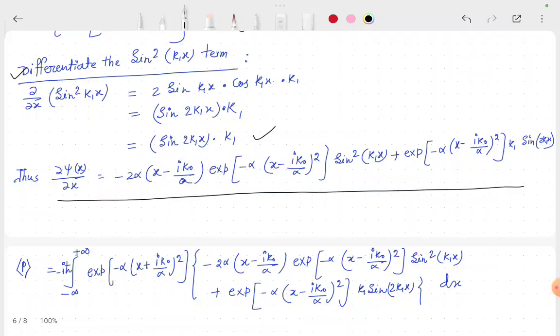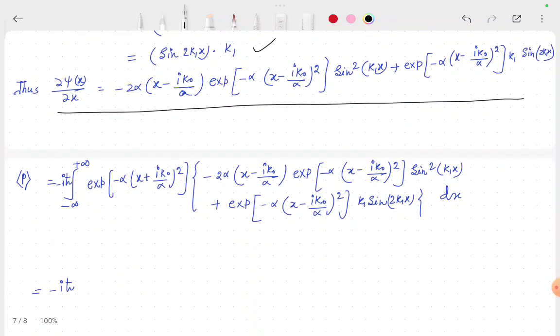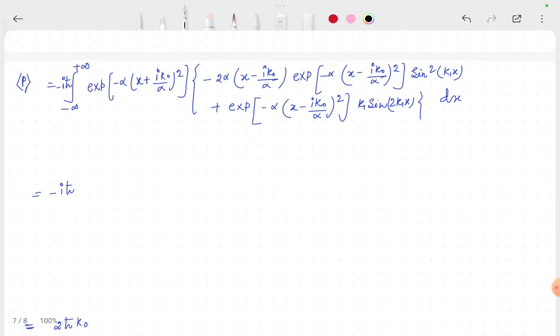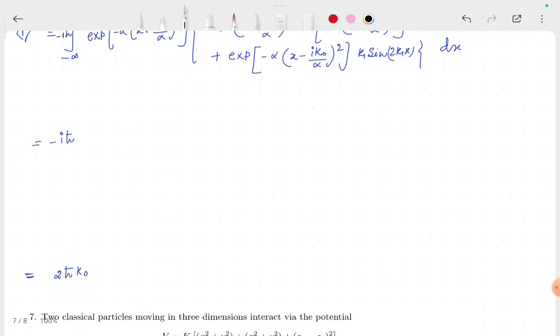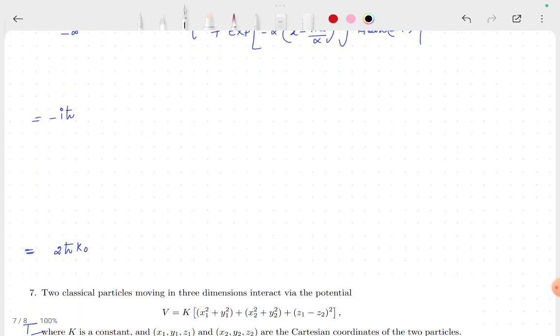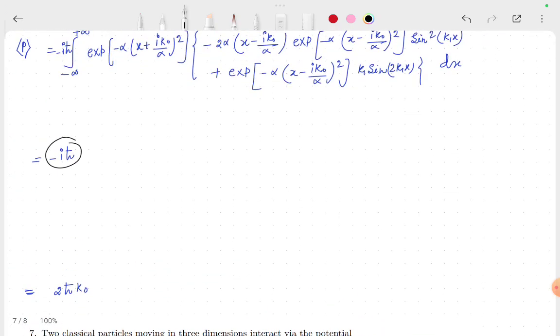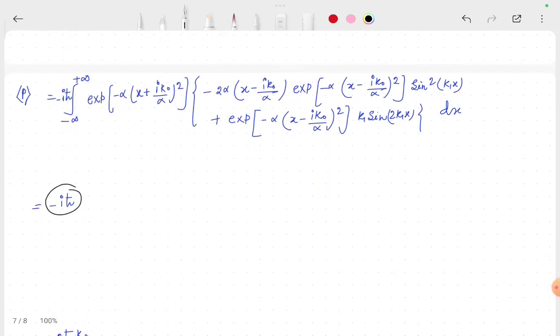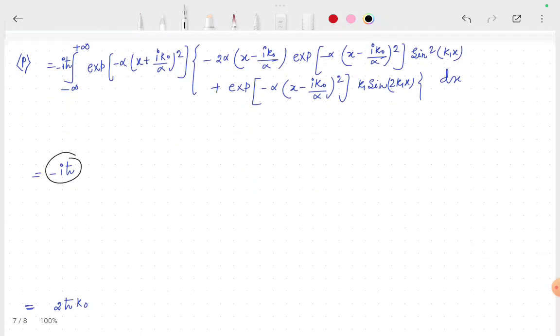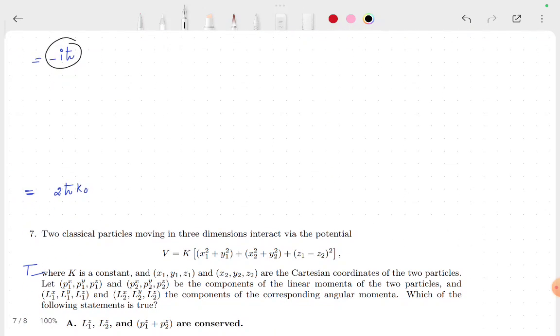You just follow, this is a very simple solution, and then we substitute these solutions, and this is your homework. I have already done the majority of these calculations in this video. You just calculate the last two lines. What is the exact solution of this integration? If anyone feels hesitation or difficulty solving these integrations, feel free to comment. Finally, we get the solution of this integration equal to 2 h cut upon k naught.